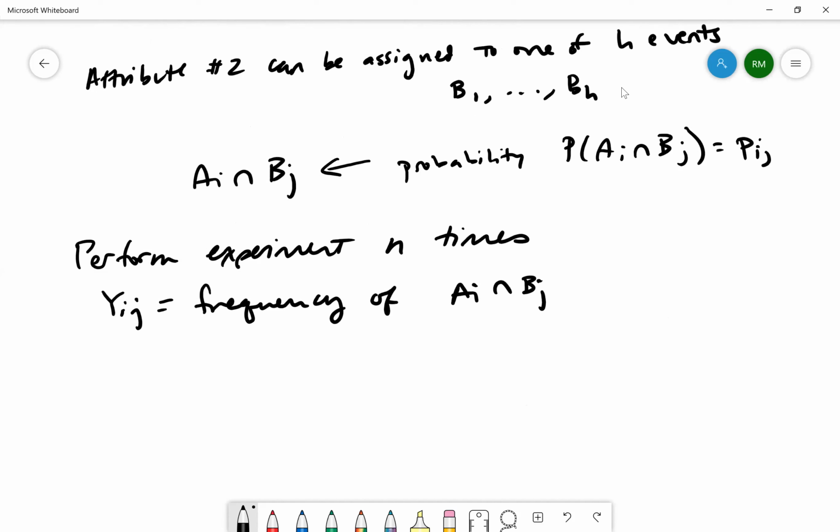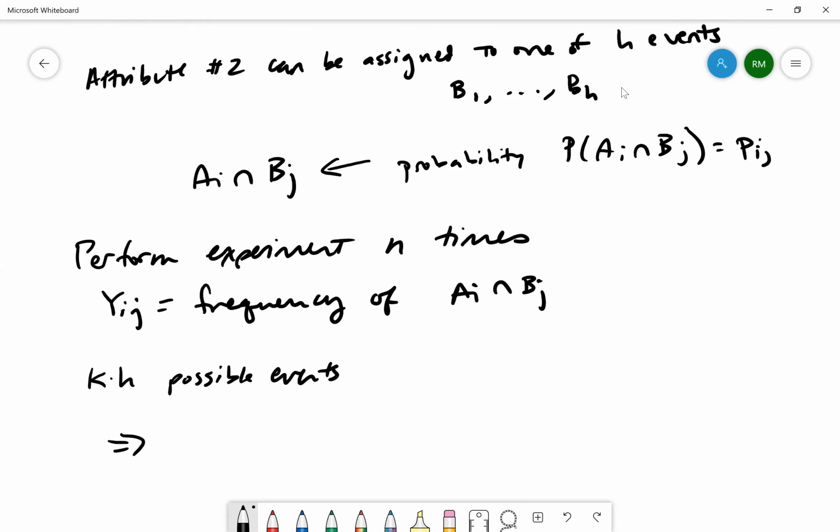Okay, so there are kh possible events because you could fall into one of the k categories A1 through Ak and the h categories B1 through Bh.